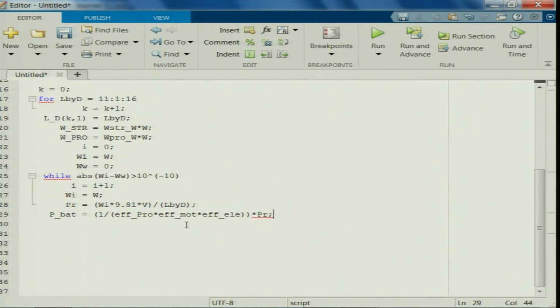Okay. So, you now got to know the power at the battery, power required at the battery.